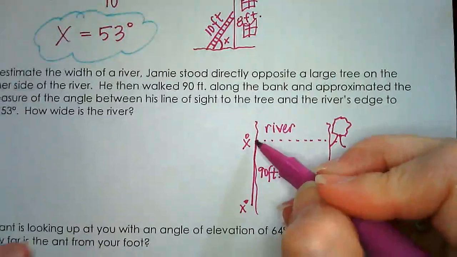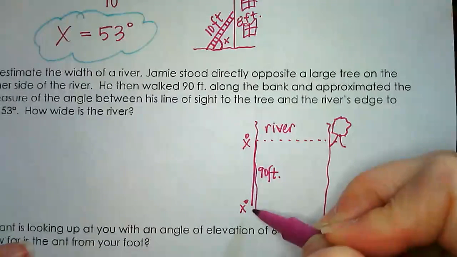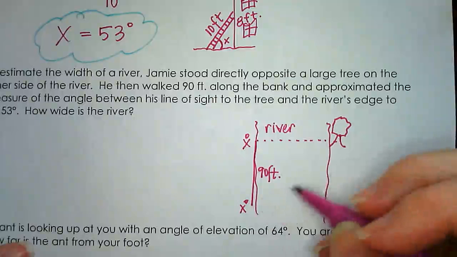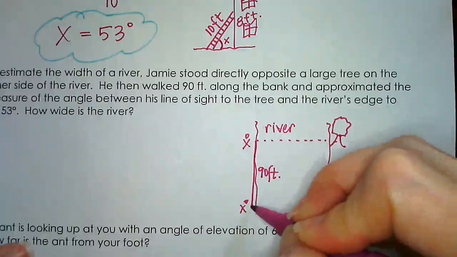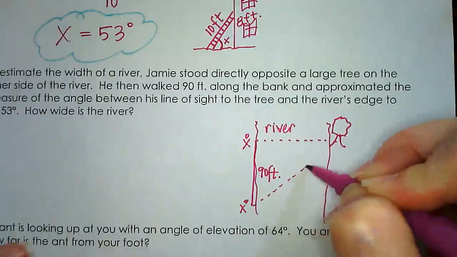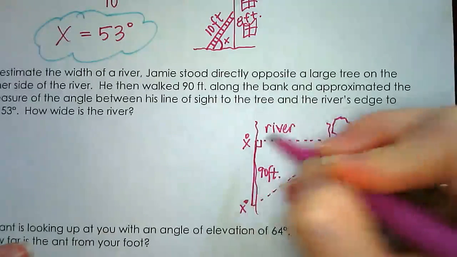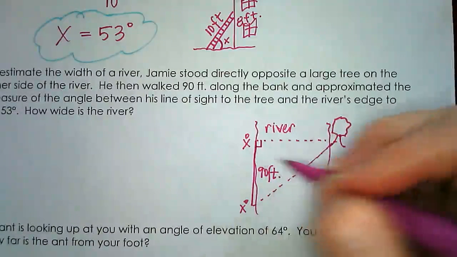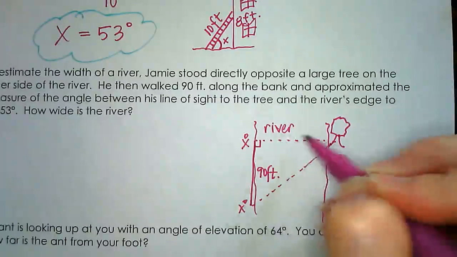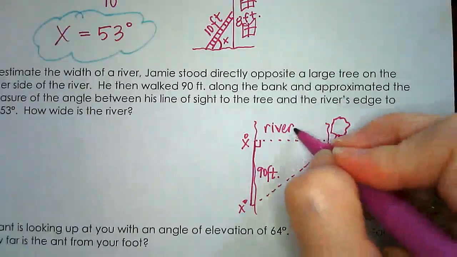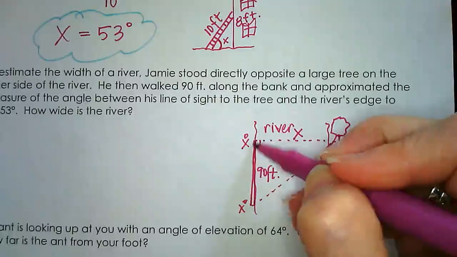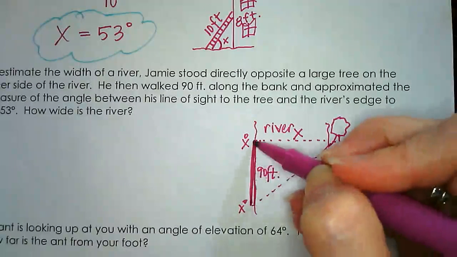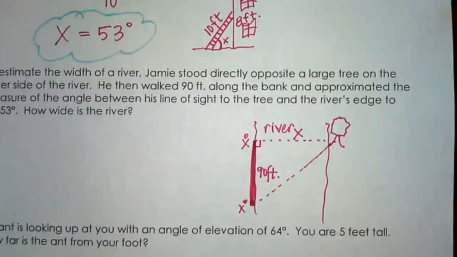He walked 90 feet along the bank and approximated the measure between his line of sight and the tree. So now he's looking at the tree right here. This is where our right triangle is. He's trying to figure out how wide the river is. We don't know how wide the river is, but we know he walked 90 feet this way. So this measurement right here is 90 feet.